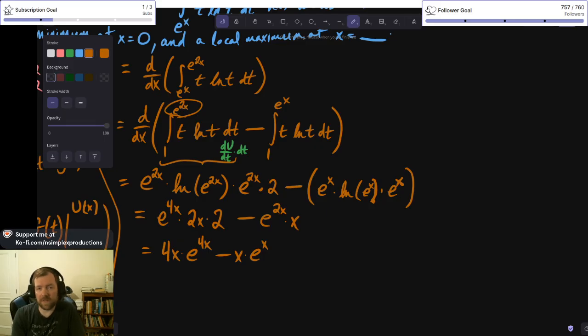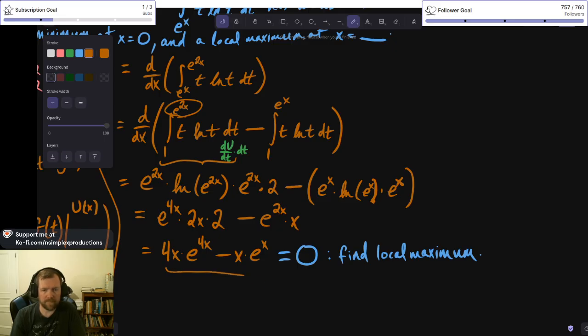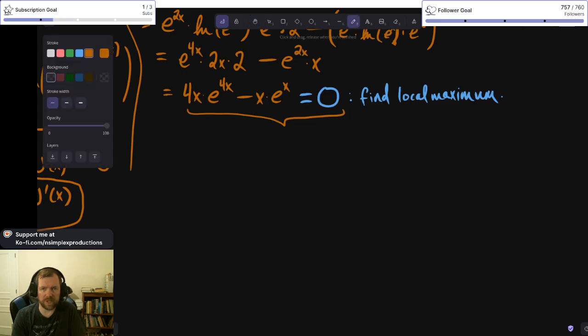Okay, now this is the derivative, and now we want this to be equal to 0 in order to find the maximum. So this part, this sub equation, is then going to be set equal to 0.